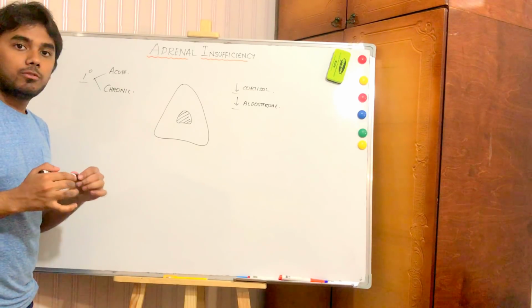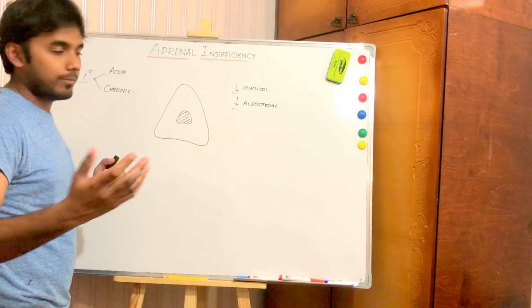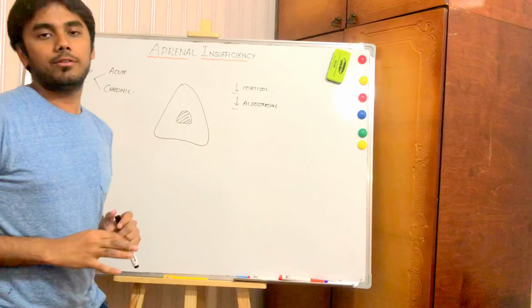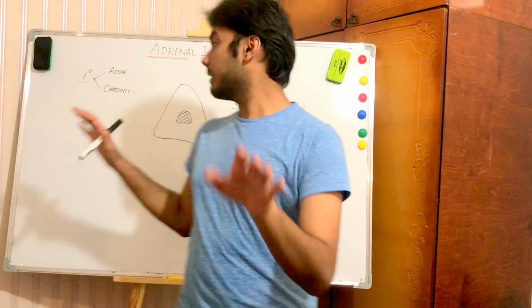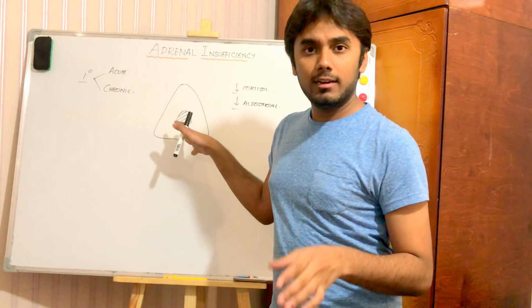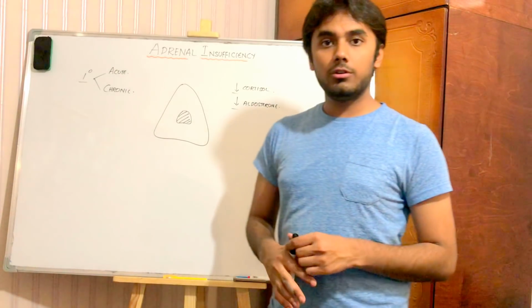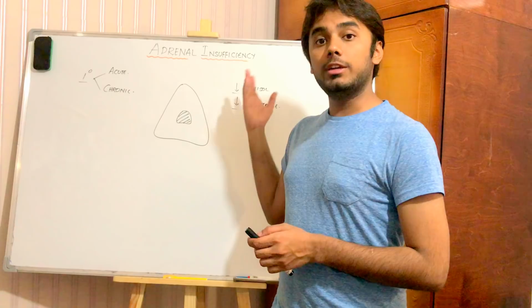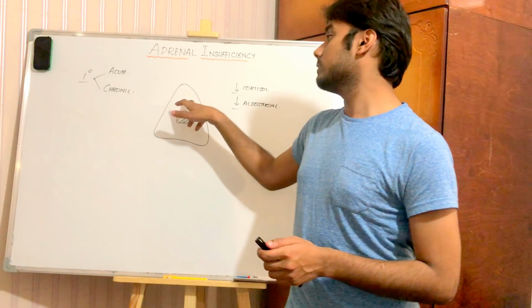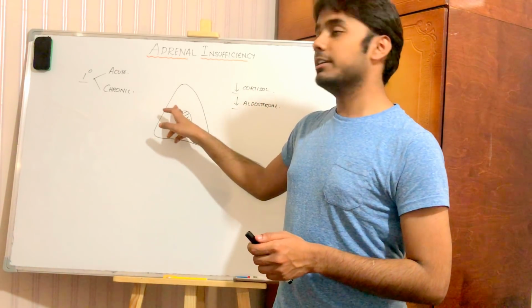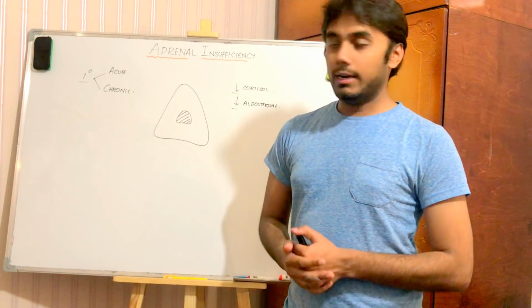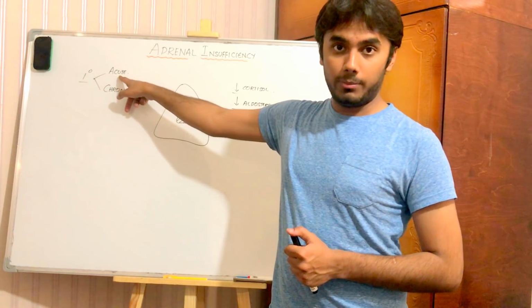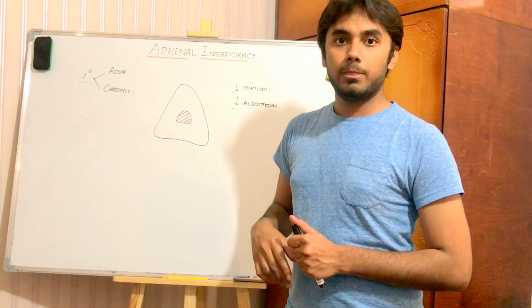What happens in acute? For example, due to trauma, if the adrenal gland is destroyed, can the adrenal gland release cortisol and aldosterone? No. So when there is no sufficient release of cortisol and aldosterone as a result of the destruction of the adrenal gland, it is called acute primary adrenal insufficiency, right?